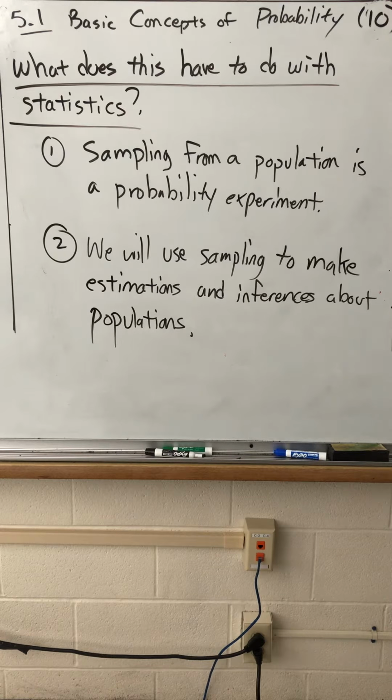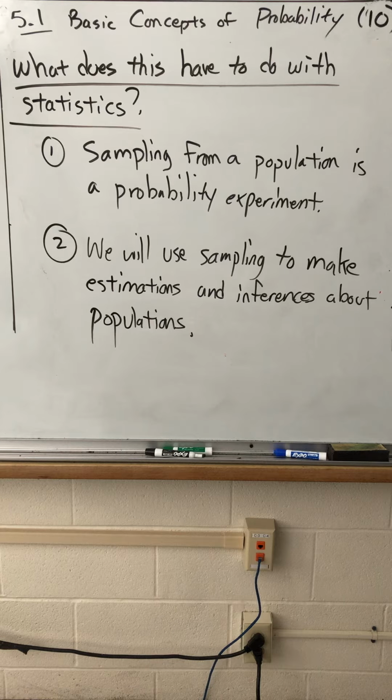You may have remembered at the beginning of the semester that I said there were two types of statistics: descriptive statistics and inferential statistics. Descriptive statistics describes. Inferential statistics infers things about a population based on information gathered from a sample.